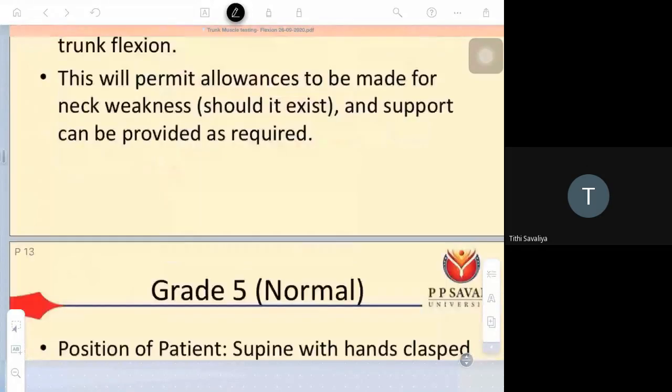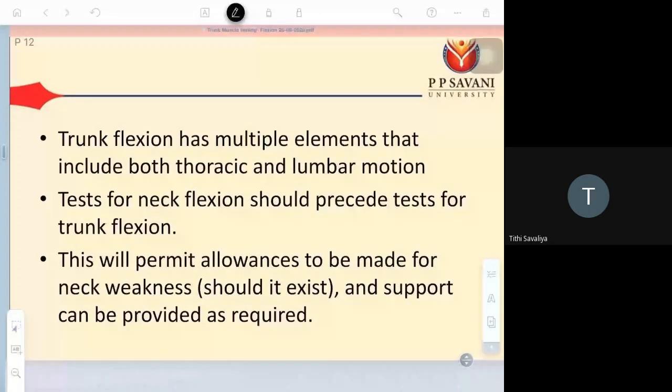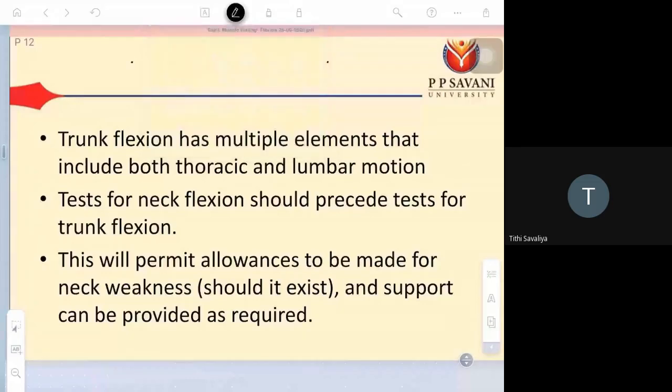Now coming to testing trunk flexion. Yesterday we discussed that trunk extension includes thoracic extension and lumbar extension.